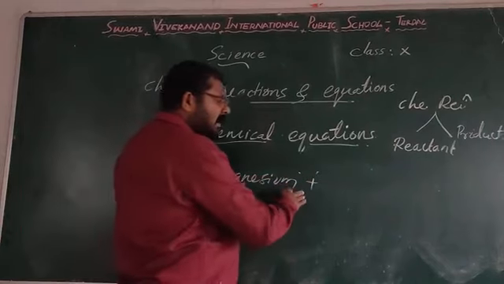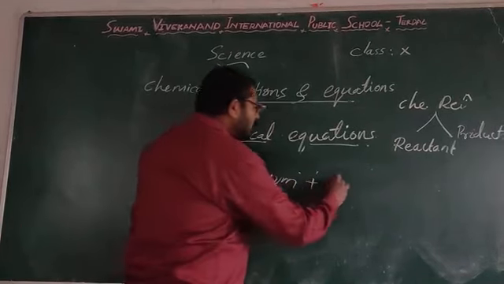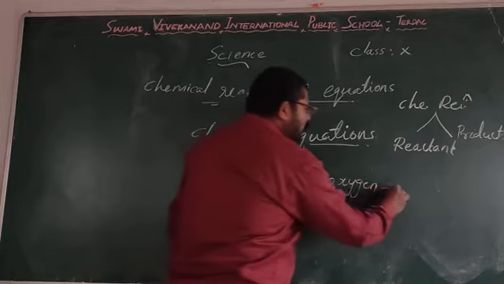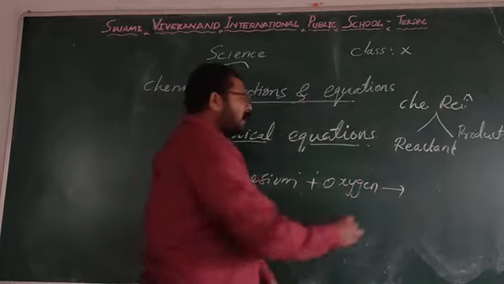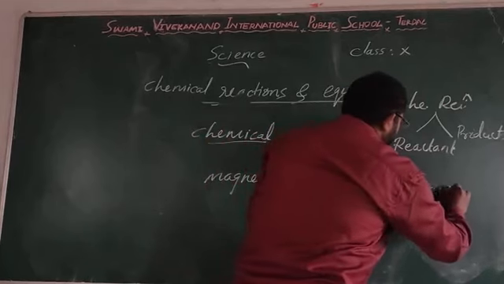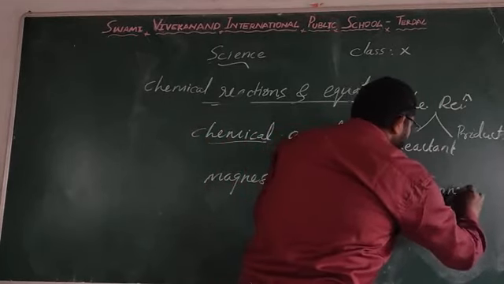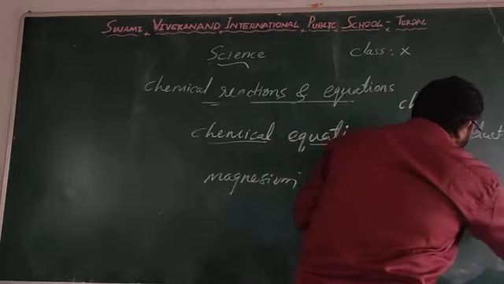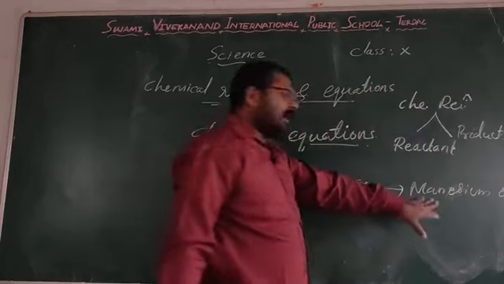So magnesium reacts with oxygen to form magnesium oxide. This is the chemical reaction.